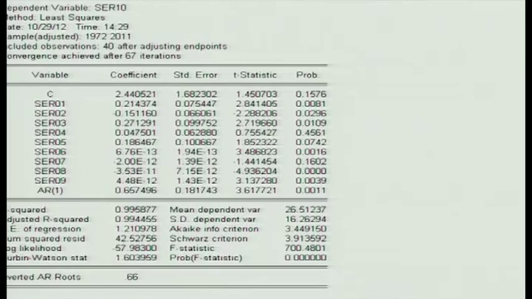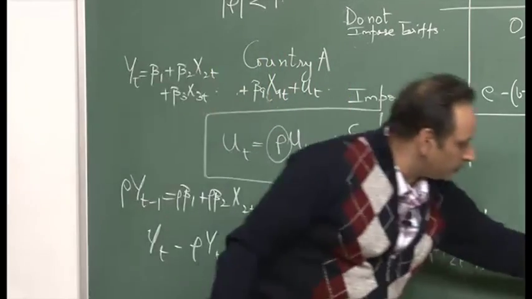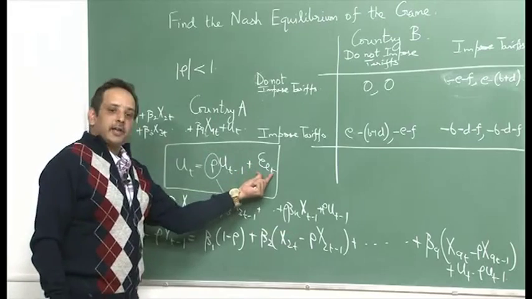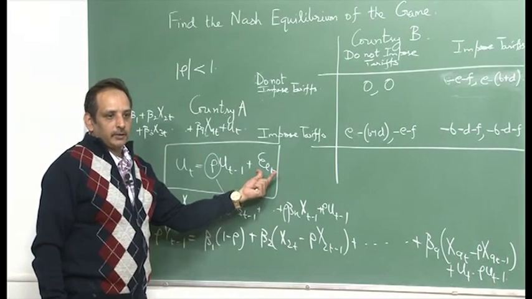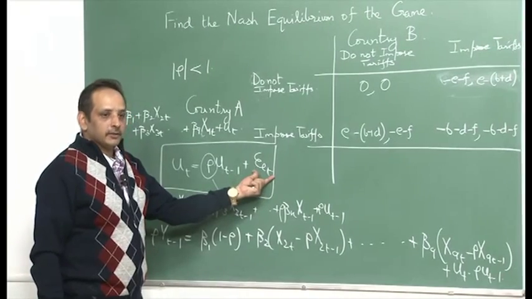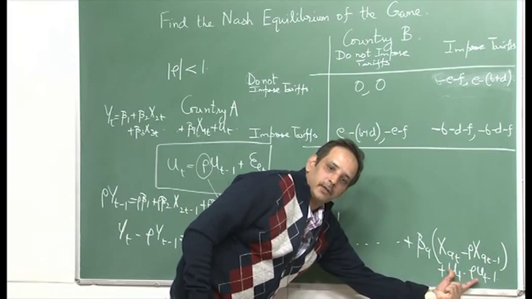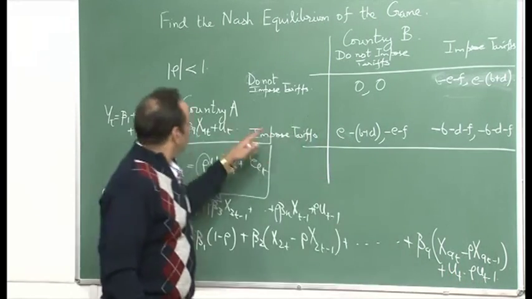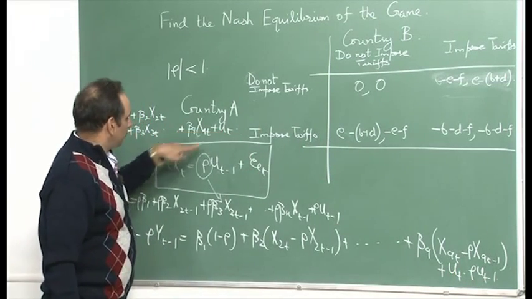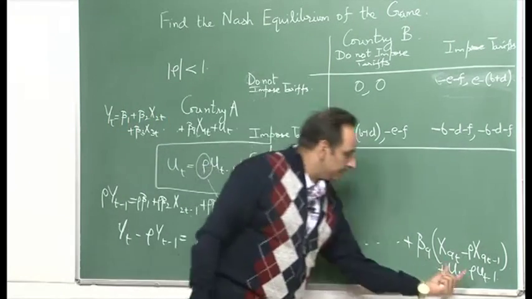You apply OLS to the transformed model, because when you do ut minus rho ut minus 1, you get xit. Xit is white noise, expected value of xit is 0, variance of xit is sigma square, covariance is 0. So, ut minus rho ut minus 1 is xit. Earlier, ut was following an AR structure, now it is transformed, it is xit.